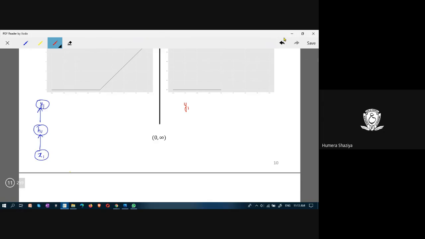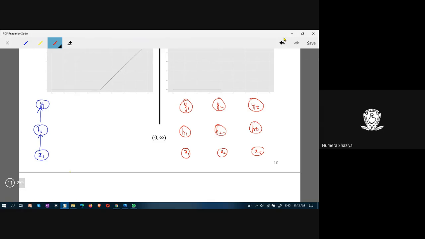This is output y1, y2, yt. H1, H2, Ht are the hidden units. X1, X2, Xt are the input units.